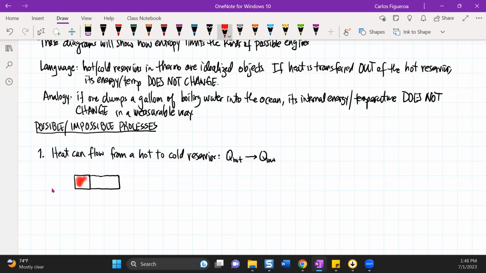One of these blocks is hot, the other one is cold. So this hot and this cold tells me that I'm going to have heat transfer in this direction right here.